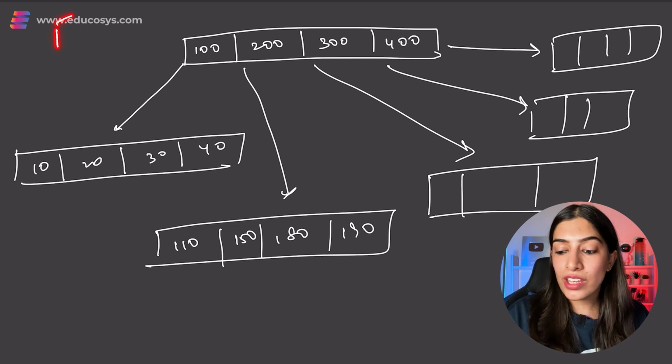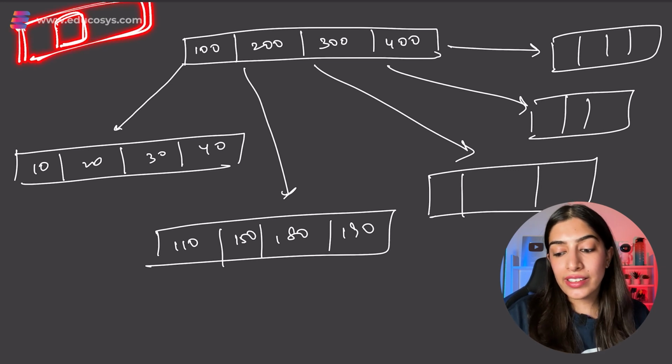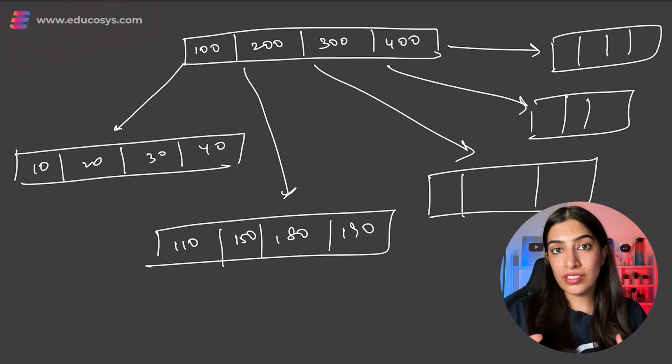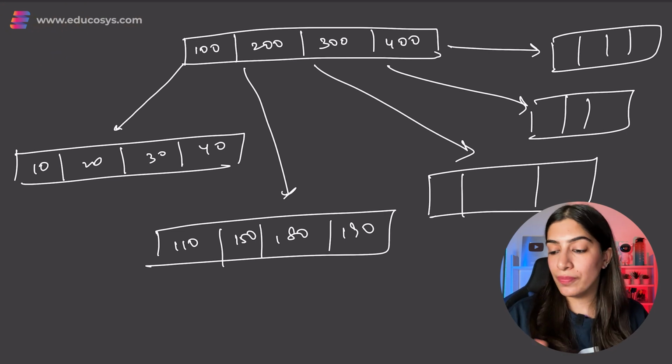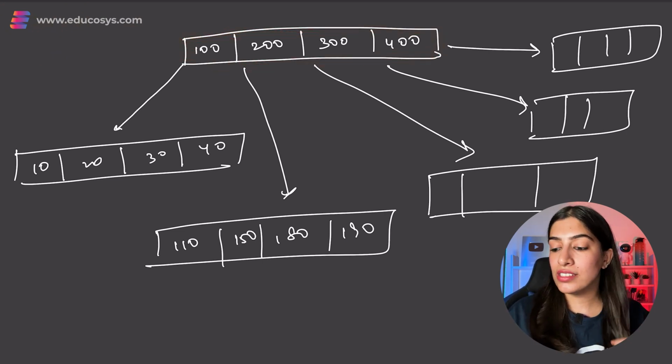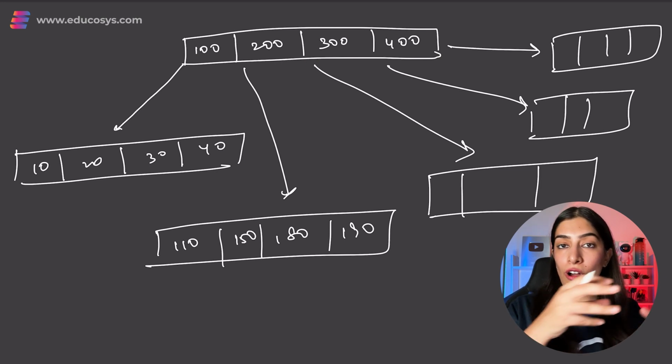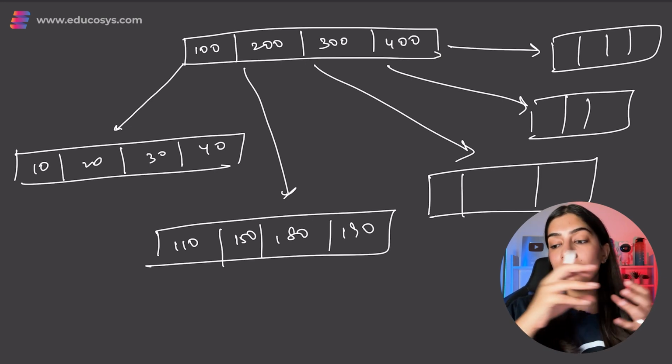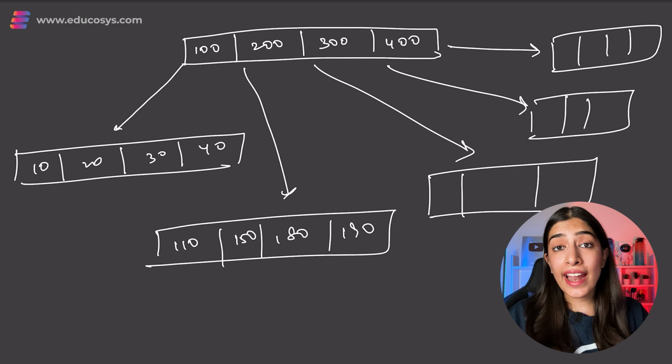If we had only one key in the node, we would still have to get the entire file block from the disk, but the number of comparisons would be 1. Over here, the number of comparisons is more than 1, but the cost of getting the data from the disk to RAM is saved. That is why B-trees are so much more efficient for databases. I hope the core concept is clear now.